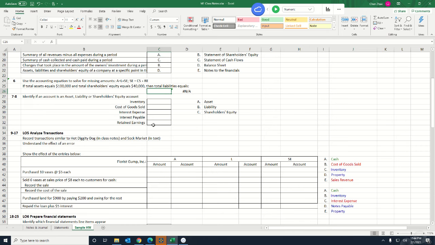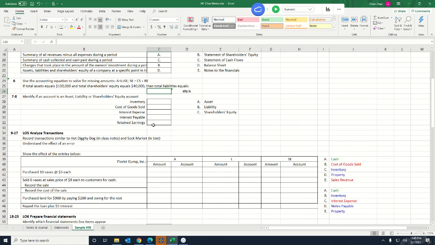So the accounting equation is assets equals to liabilities plus shareholders' equity. So if you know two of those, you can figure out the rest of them.